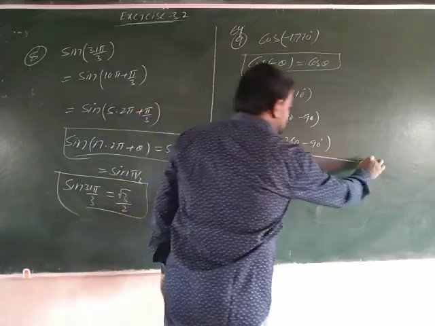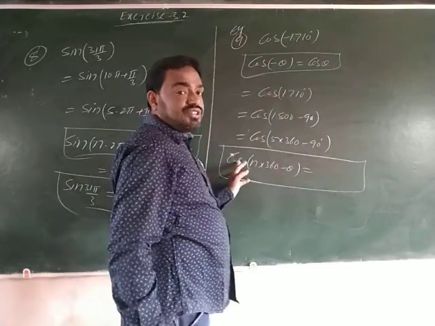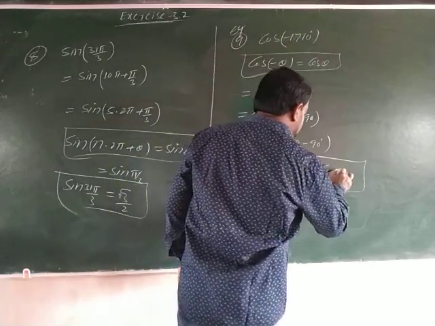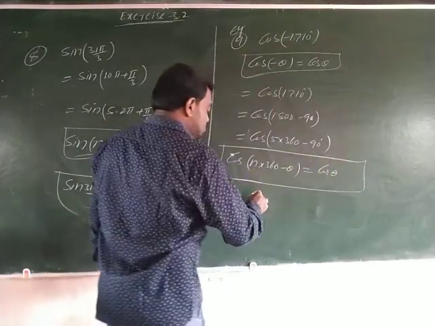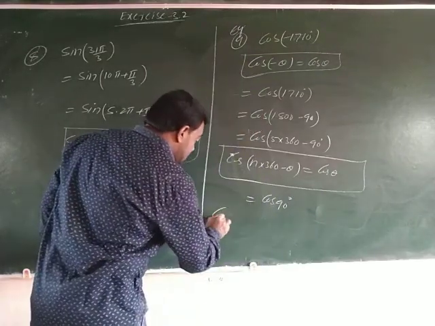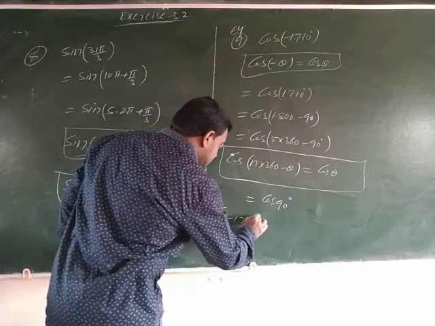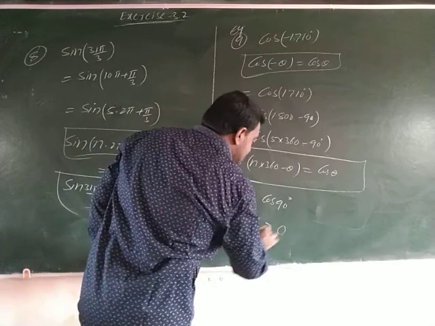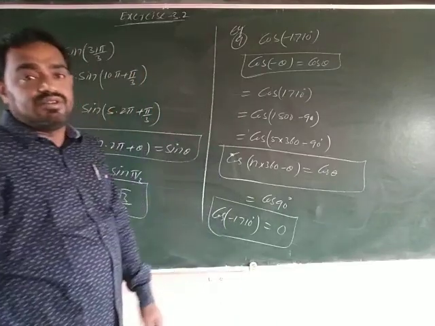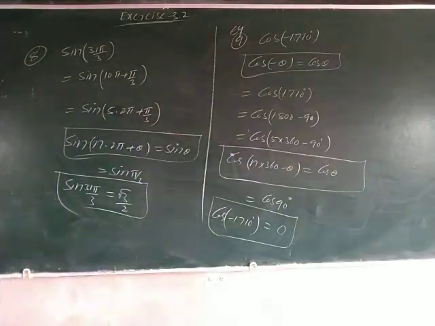Fourth quadrant. In the fourth quadrant, is cos positive or negative? It is positive, so cos theta only. So this is equal to cos 90 degrees. Therefore cos of minus 1710 degrees is equal to cos 90, value 0. Answer is 0.